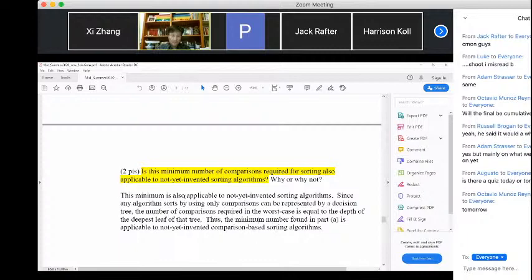If you want, you can copy and paste it. That was the answer I looked for in your answer sheet. But many students copied and pasted the theorem from the textbook and said that because of this theorem, this is true.